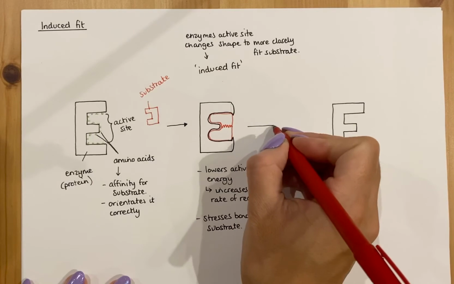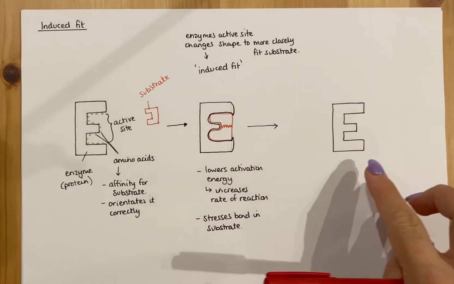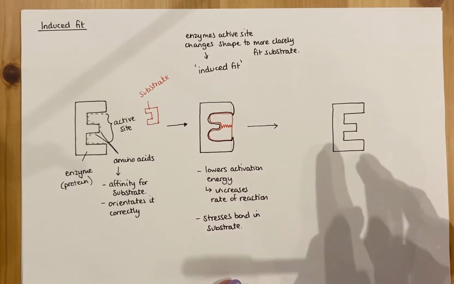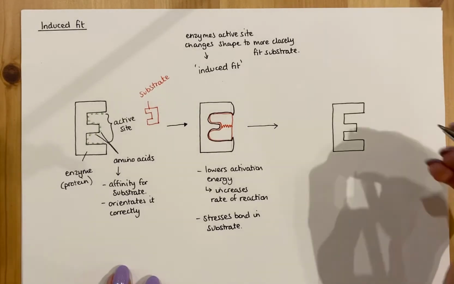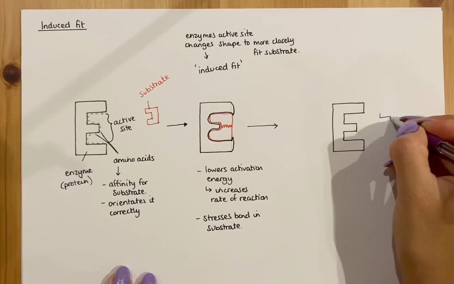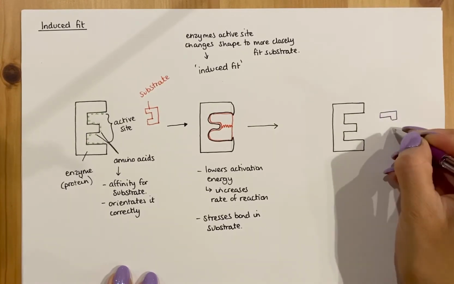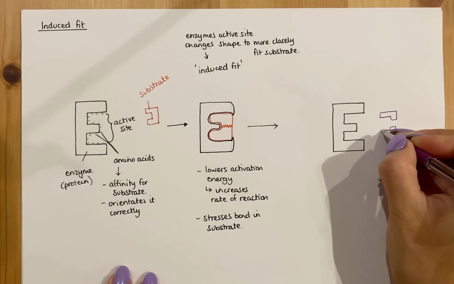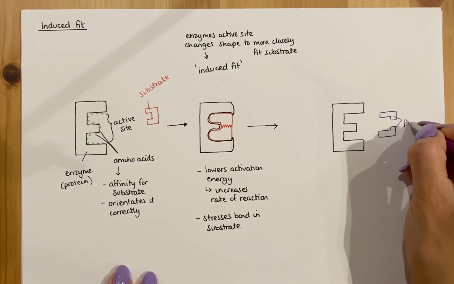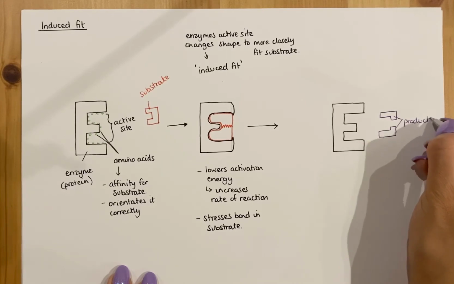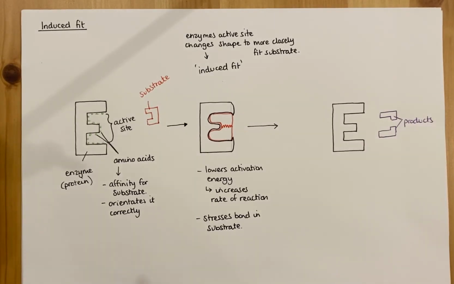So then what would happen is, the enzyme would return to normal because it releases its products. Okay, so I'm going to show you the products in a different colour because they are now different molecules. They're different substances entirely. Okay, so these are your products. And they're released from the active site.